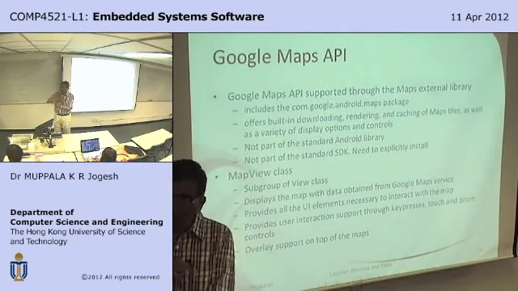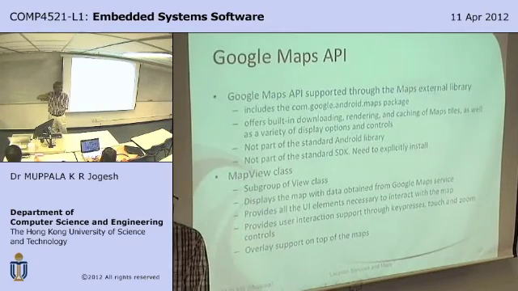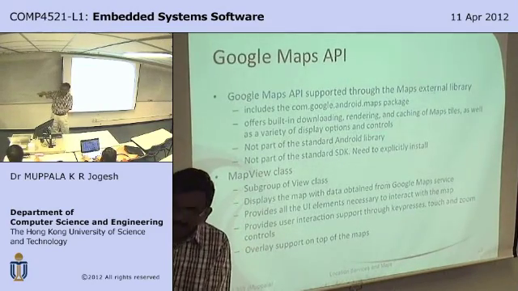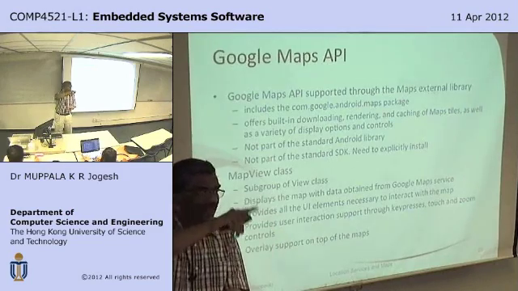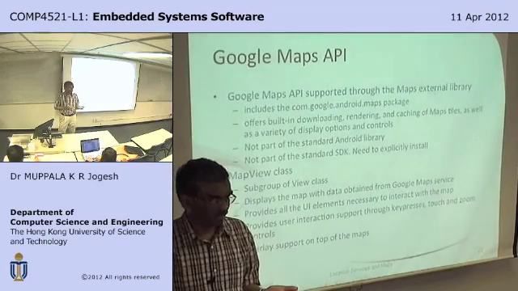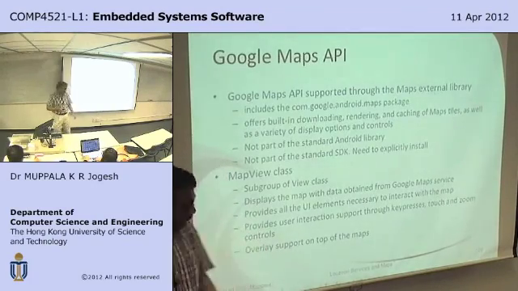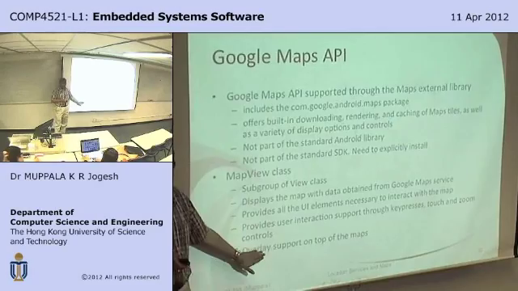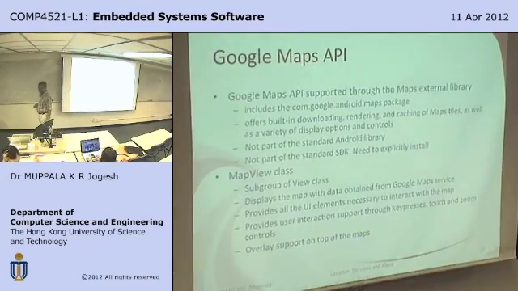This P is not part of the maps. The maps will be an underlying layer, and on top of it you can overlay P's at all those locations where the parking garages are located. That can be very easily handled by using something called overlay maps. I will show you the code corresponding to it in a minute.